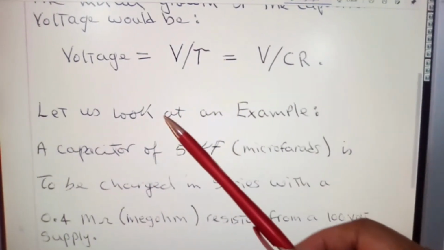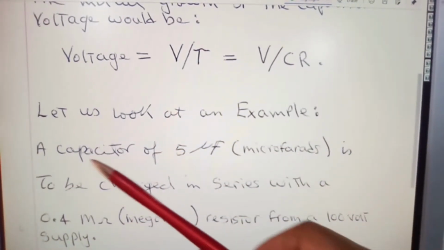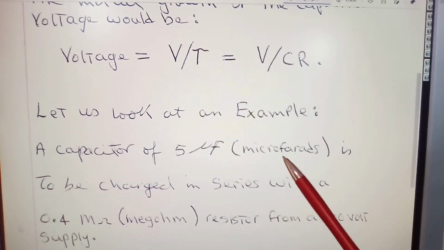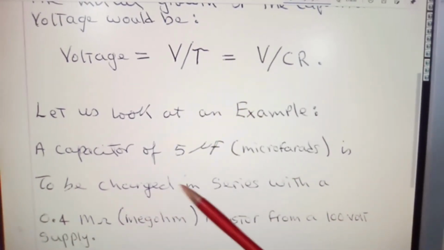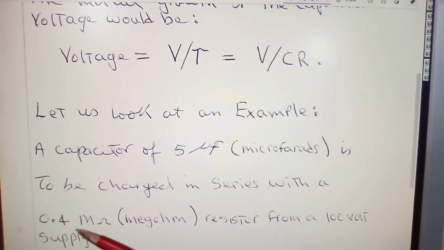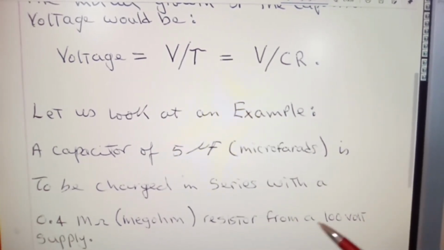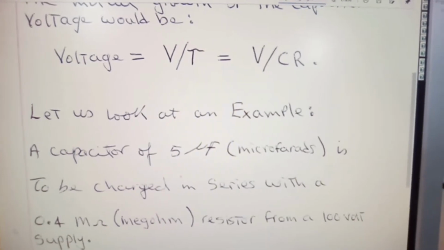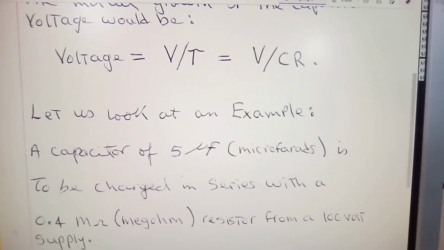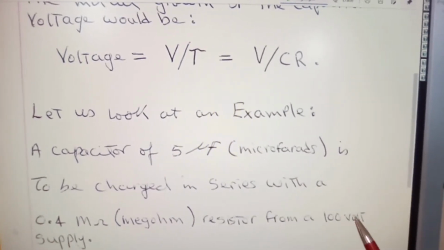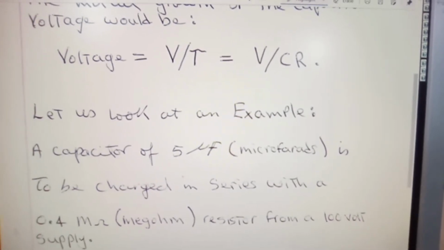Okay, let us look at an example. A capacitor of 5 microfarads is to be charged in series with a 0.4 megohm resistor from a 100 volt supply.